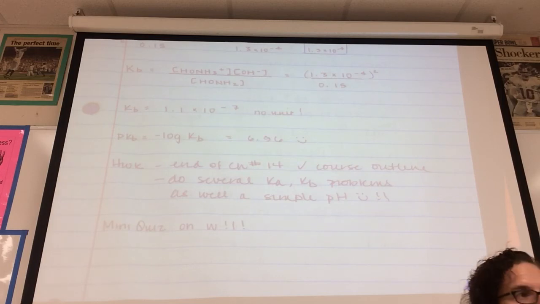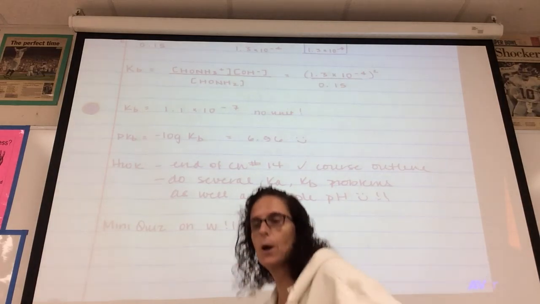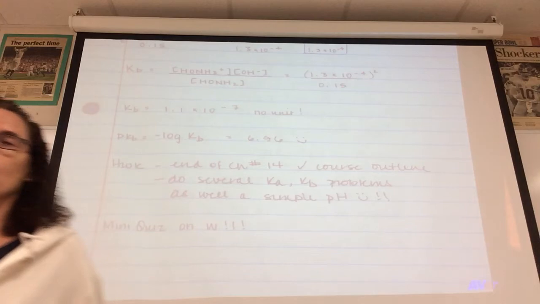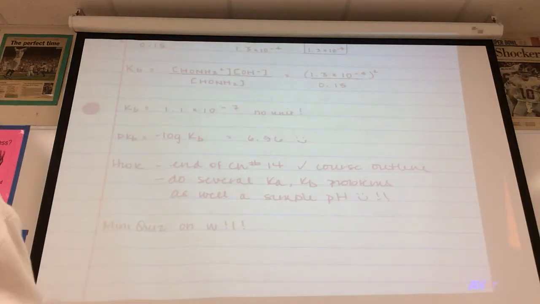From this second piece, you want to be able to write Ka expressions, solve them. You want to be able to determine pH, understand why they're needed for weak acids and bases. Understanding how to do this will set you up for most of the rest of the chapter, and it gets far more difficult as we go.